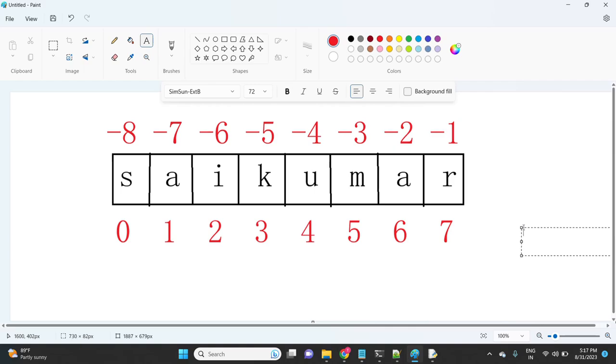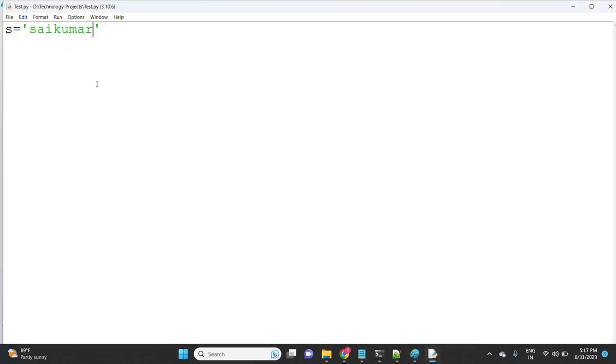Now observe the points one by one. First, I want to print s of 1. So print s of 1 means where is the index?